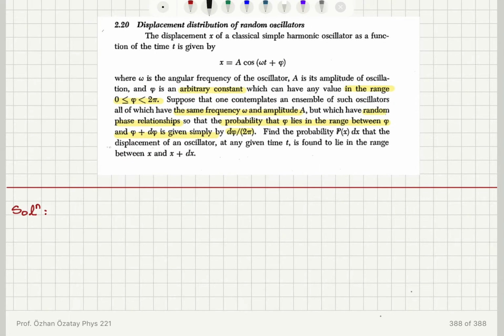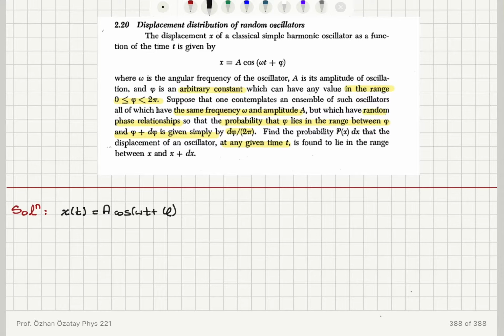Now, the displacement as a function of time is given by a cosine omega t plus a phase phi. Now we are asking at any given time t, what is the probability distribution function for x?